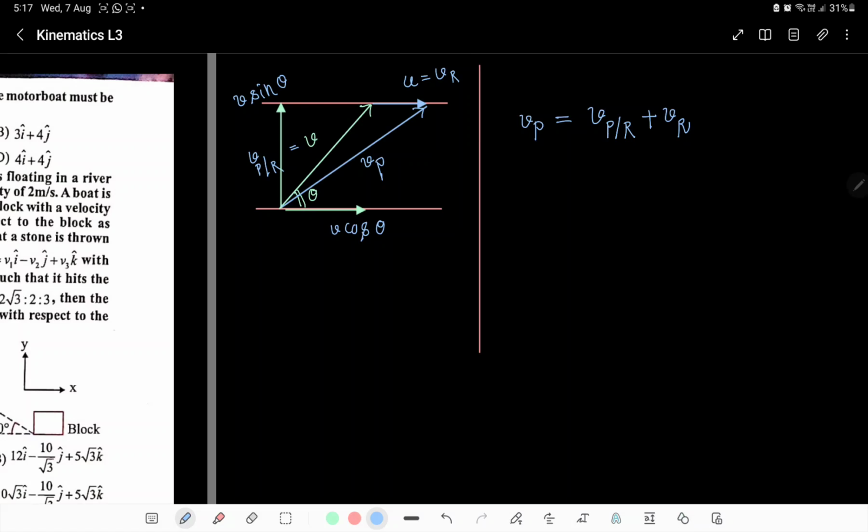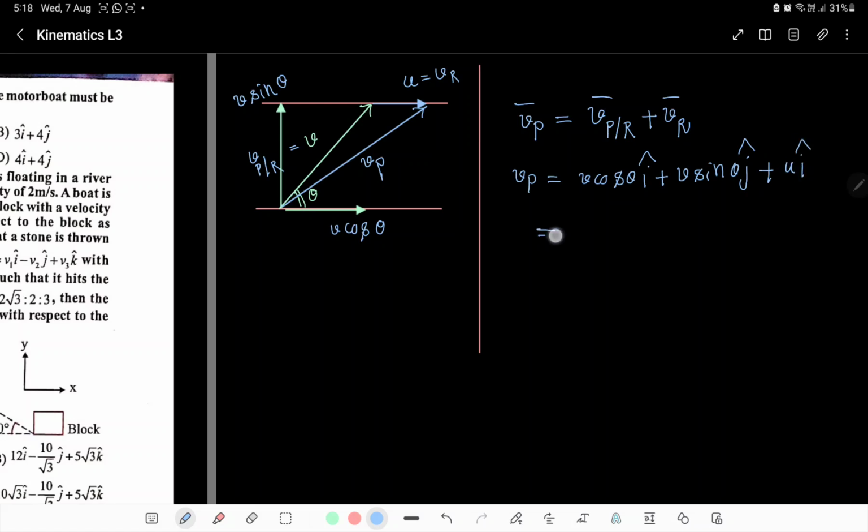Now listen, the velocity of person is equal to Vpr, and all these are vectors. Let's write in components. We have v cos theta i cap plus v sin theta j cap, and the river velocity can be written as u i cap.